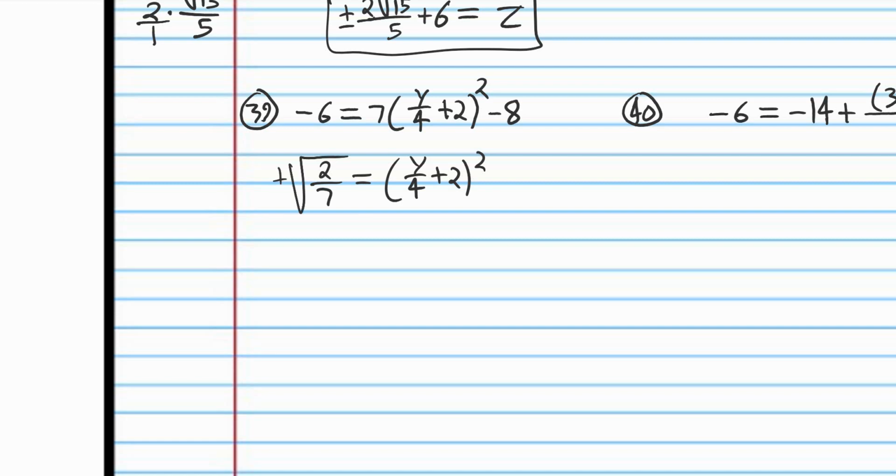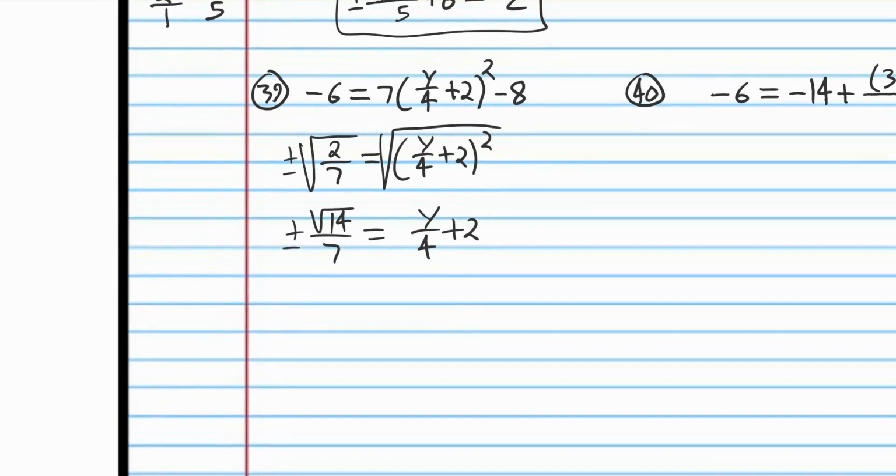Square root both sides. And we get y over 4 plus 2 is equal to root 14 over 7.